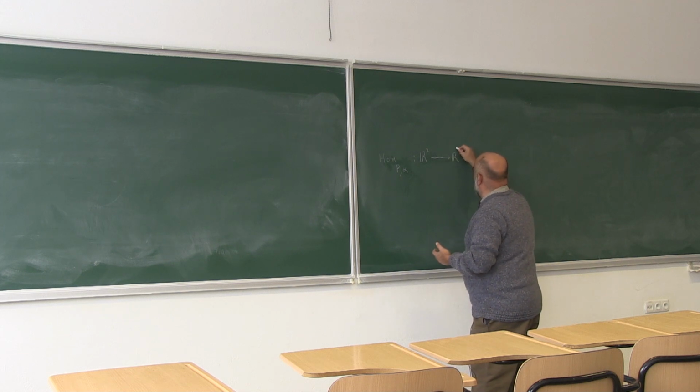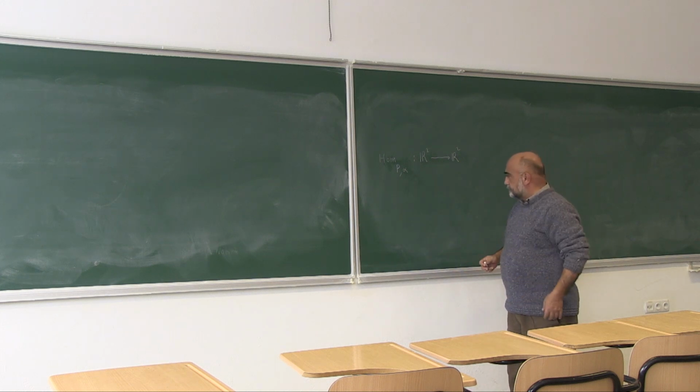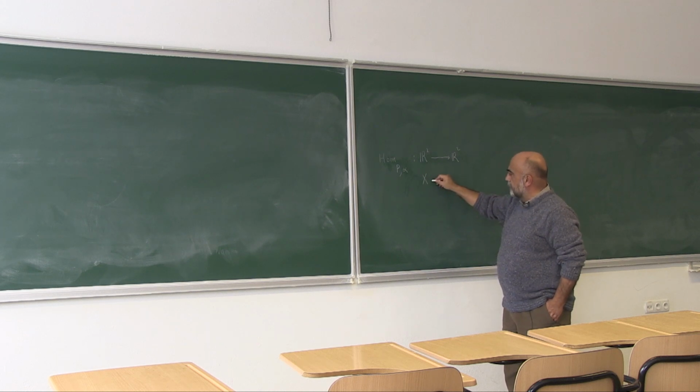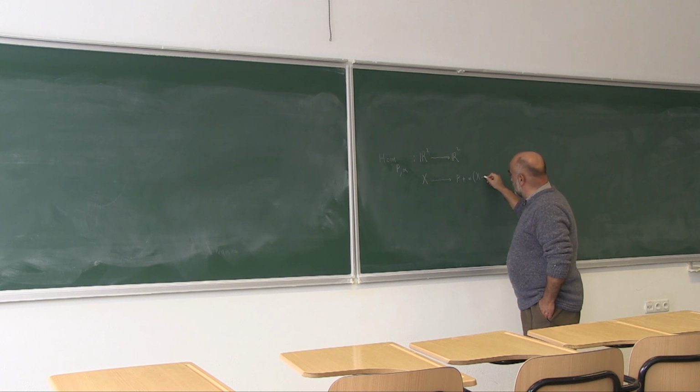Well, I'm identifying the Euclidean plane with R2 as usual, which does the following thing. Any point X, I'm writing the vector notation, is mapped into P plus alpha times (X minus P).